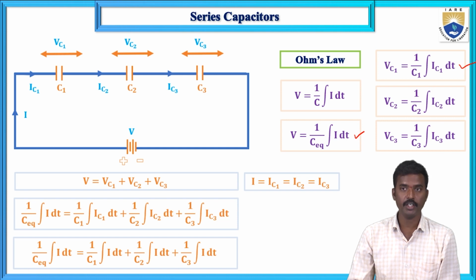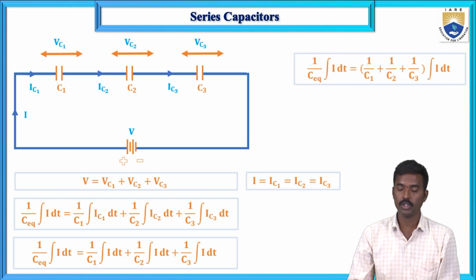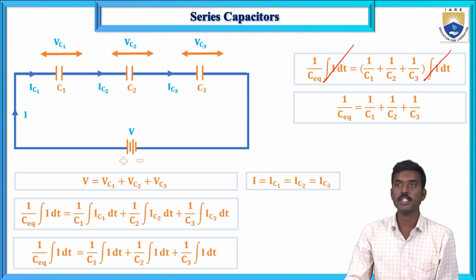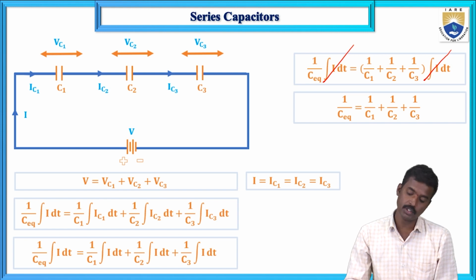So integral of I dt times (1 by C1 plus 1 by C2 plus 1 by C3) equals 1 by C equivalent integral of I dt. On the LHS and RHS the integral of I dt is common, so you can cancel it. So 1 by C equivalent equals 1 by C1 plus 1 by C2 plus 1 by C3.